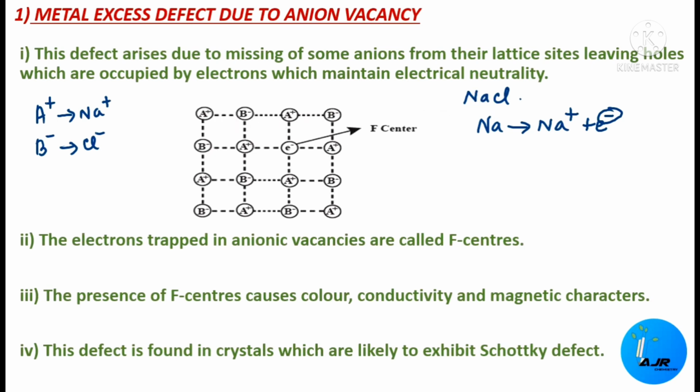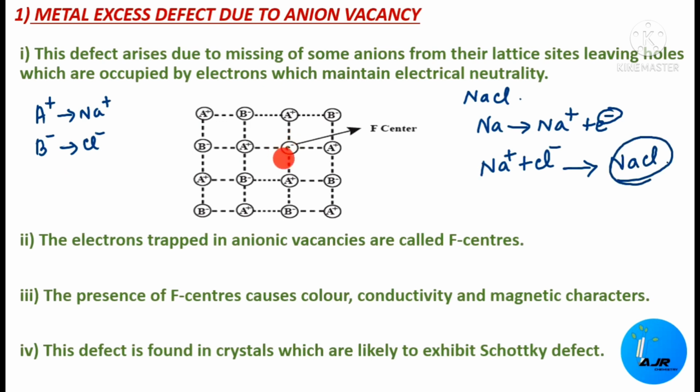The Cl minus, that is B minus, present inside the crystal will move towards the surface and join with the Na plus found on the surface, forming NaCl, which gets deposited on the surface. Understood, students?